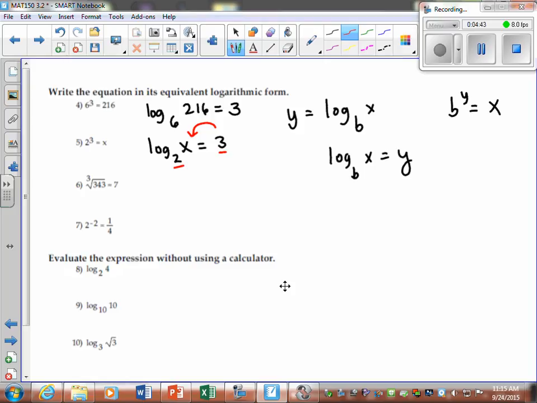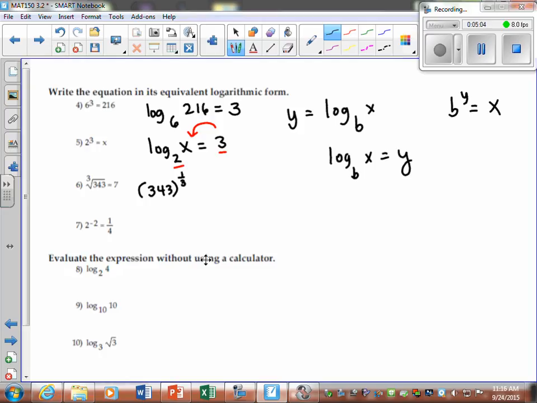So let's look at number 6. We've got to do some work with that. First of all, this is not an exponential form. How can I rewrite that in exponential form? The cube root of 343 is the same as 343 to the 1/3 power.